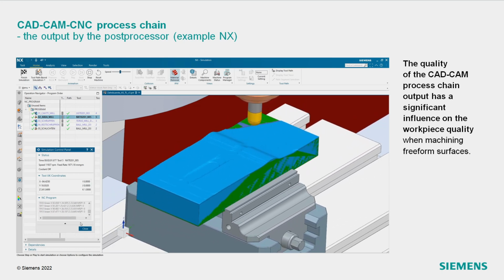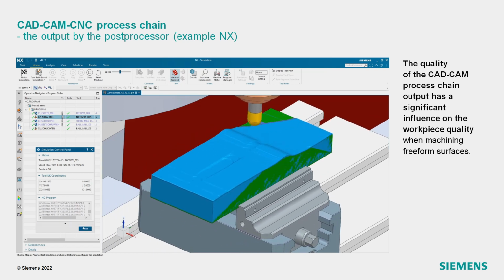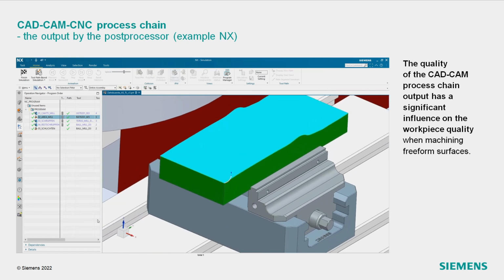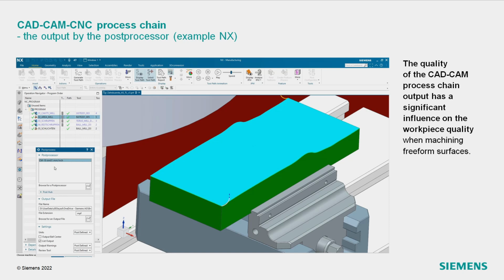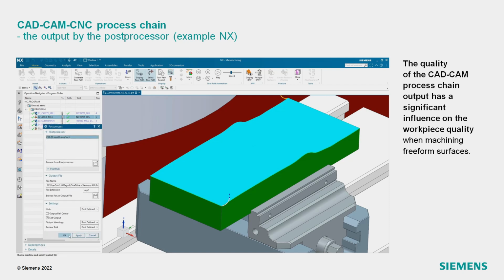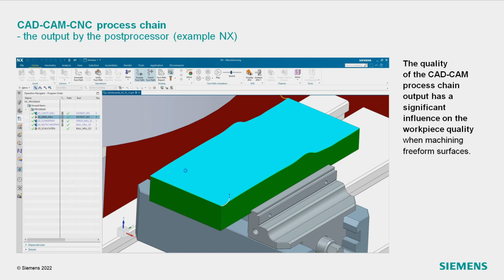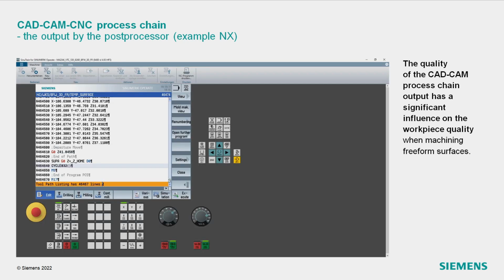Let's simulate this here as an example. So now we're starting the implemented post-processor. It's precisely matched to the machine and the respective control system. This post-processor provides all the required information to implement on the machine what we saw in the simulation.